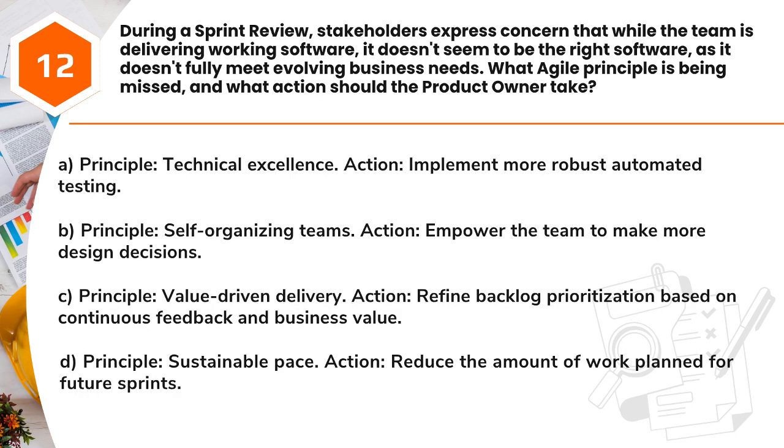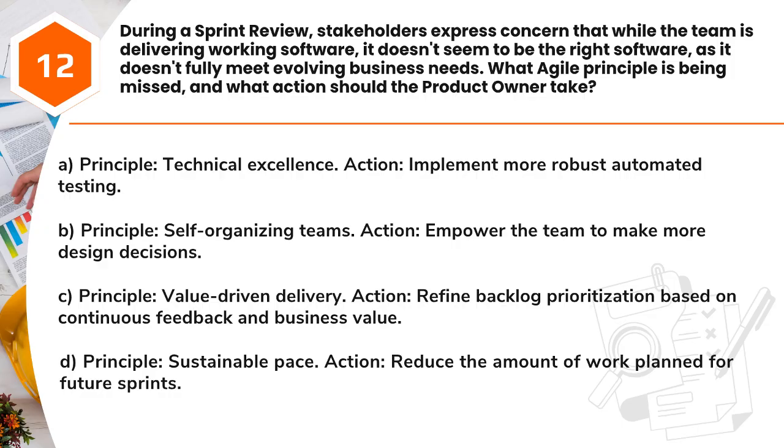Question 12. During a sprint review, stakeholders express concern that while the team is delivering working software, it doesn't seem to be the right software, as it doesn't fully meet evolving business needs. What Agile principle is being missed, and what action should the product owner take? A. Principle, technical excellence. Action, implement more robust automated testing.